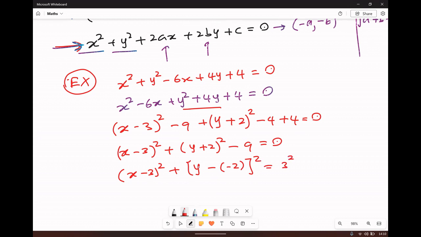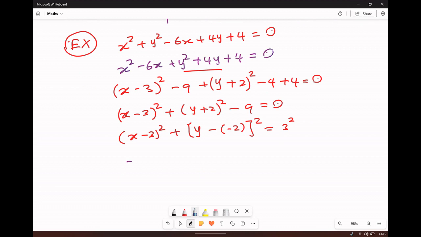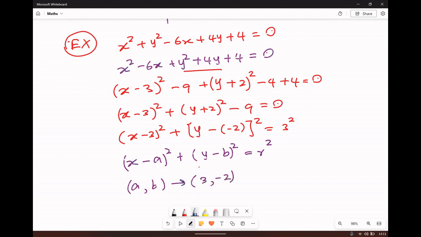Hope it is clear. Now we can compare this with this format: (x minus a) squared plus (y minus b) squared equals r squared. So we know that a comma b, for this example, is going to be 3 comma minus 2. So that is the center of the circle.